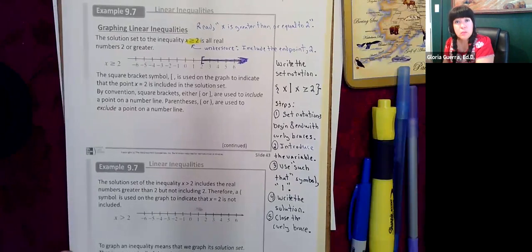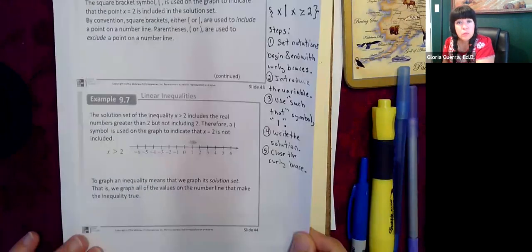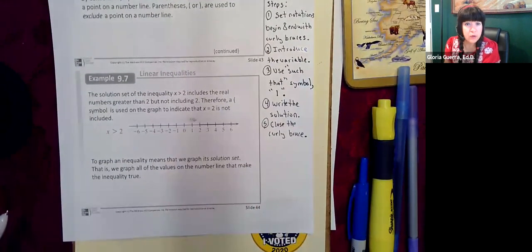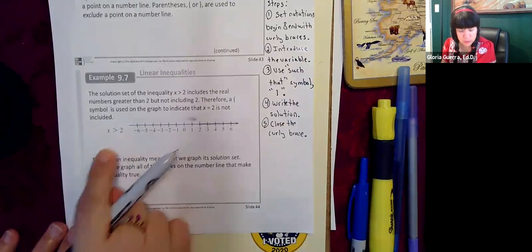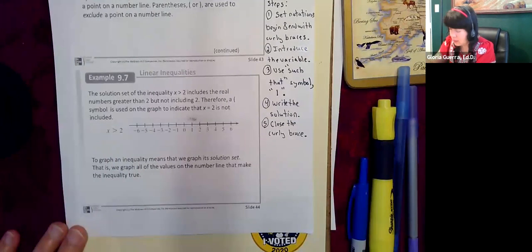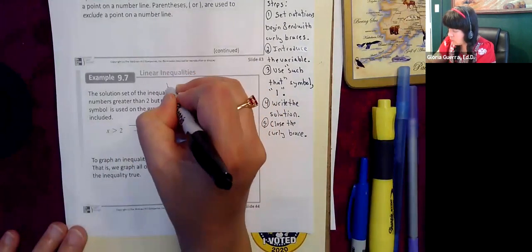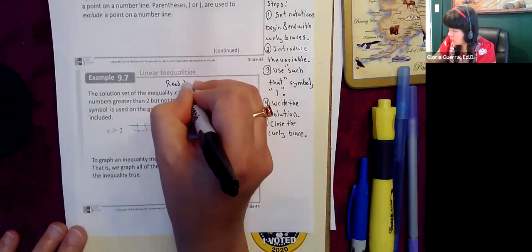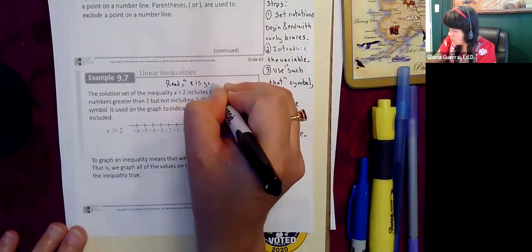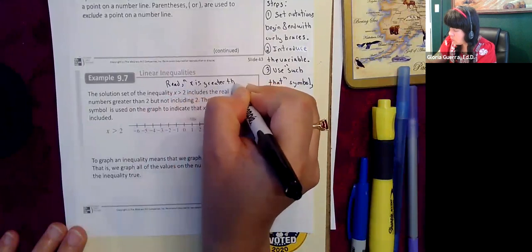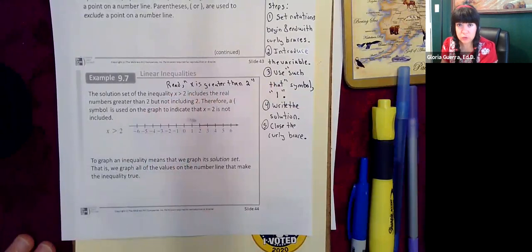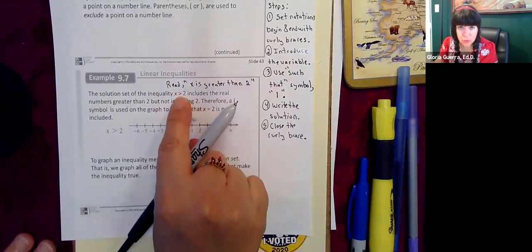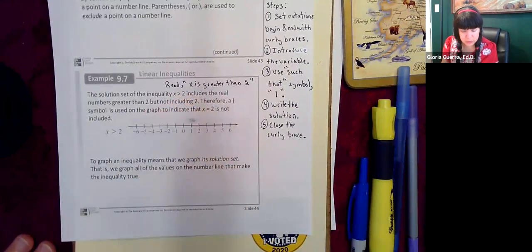And at the bottom, we have here X is greater than 2. So the solution set of the inequality, and this is red, is X is greater than 2. Notice it doesn't say X is greater than or equal to 2. Notice how it doesn't have the underscore. This includes the real numbers greater than 2, but not including 2.